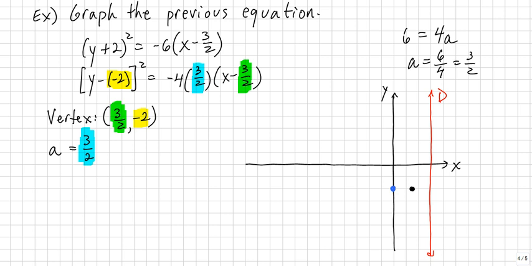And now we just need to graph the parabola. There's lots of ways we could do this. We could do a T-chart, but the easiest way, in my opinion, to graph any parabola is to use what's called the latus rectum. We're going to go a distance of 2a above and below the focus. 2 times 3/2 is 3, so we go a distance 3 up and a distance 3 down.